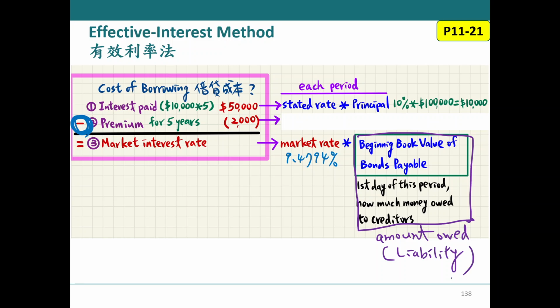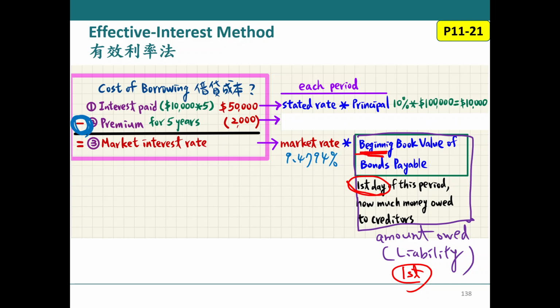Okay, but be careful. How much money you owed, we mean at which time? Beginning, first day, right? Because interest incurred is always based on time. So we mean your first day, beginning. Based on the first day, how much money you owed.